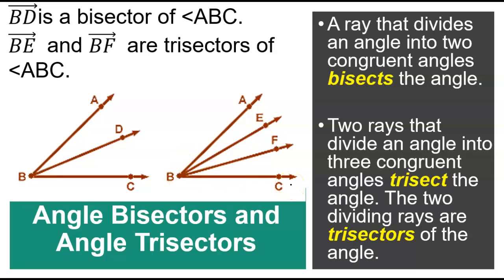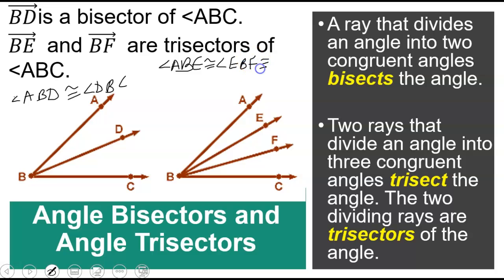So we can say here that angle ABD is congruent to angle DBC. And we can also say here that angle ABE is congruent to angle EBF, which is congruent to angle FBC. Okay, so that's that, based on that fact.